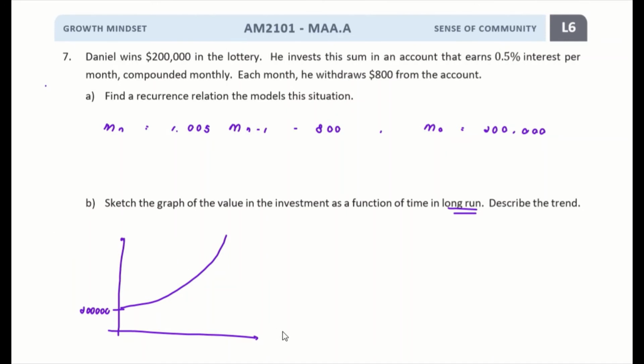Okay, so in this case, this is the time, the month, and then the y-axis is always the investment. Sorry for the mistake just now. So that's basically how you draw the graph. In this case, the important value that you need to show is the 200,000 here. The rest is okay because you don't have any specific value to label.